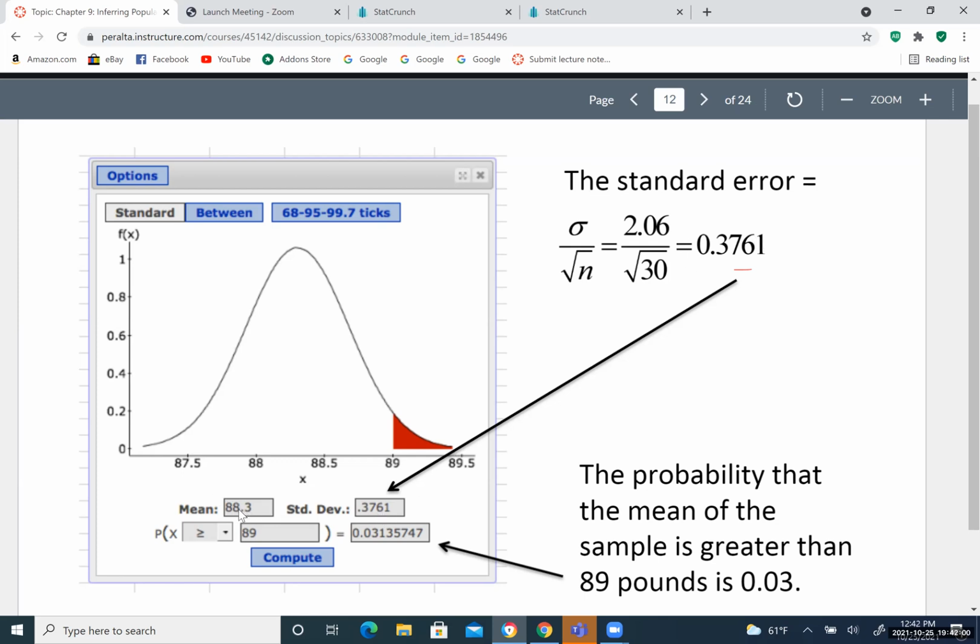They put 88.3 in the mean box, and they choose the size for greater than, because we're talking about larger than 89. I just ran StatQuant for you to see, and the probability that the sample mean is greater than 89 pounds is about 3%, or 0.03. That's part A.